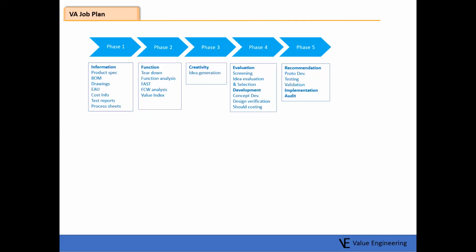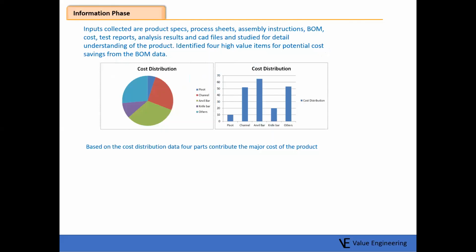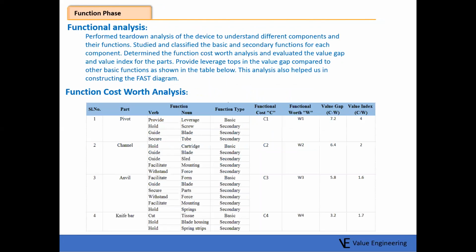This is the information phase, collected from the engineering team. This is the function analysis phase, and we have identified the primary basic function, and we identified the basic function and cost worth analysis here.